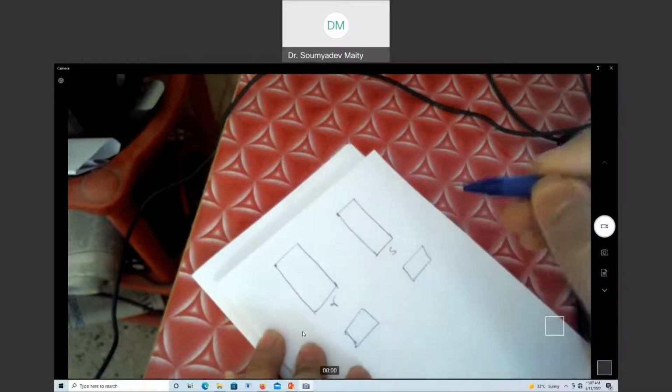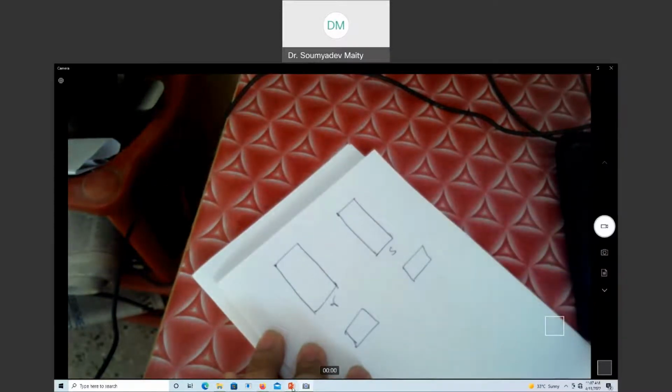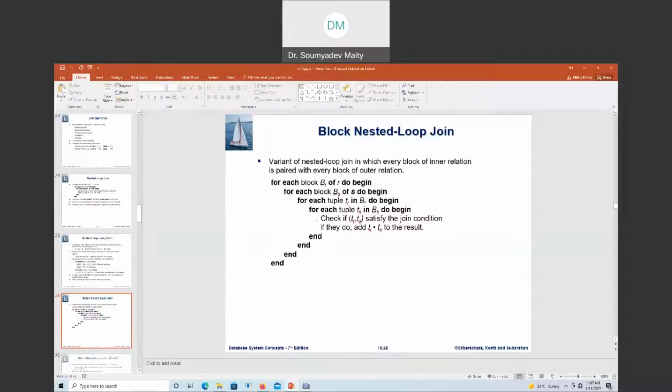Now the difference is that if you see the algorithm, there are 4 nested loops. In the outermost 2 loops, they pick one block from each of the relations.